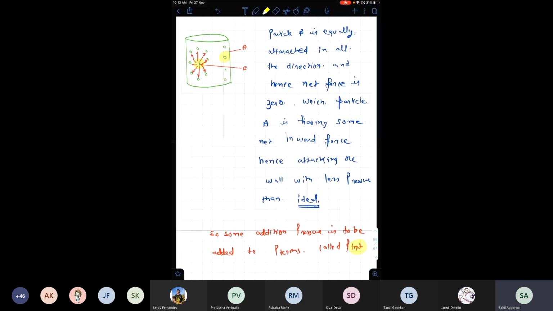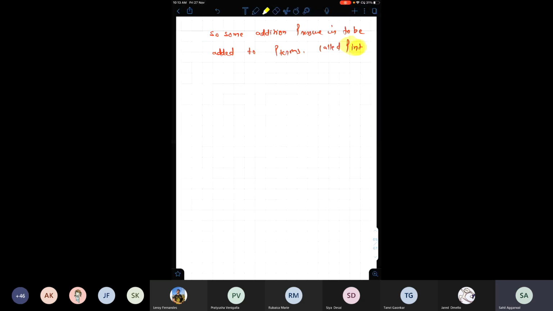A is applying less pressure on the wall than its actual pressure. So we have to increase that pressure. That extra pressure is called internal pressure. So P plus P internal is actual pressure.